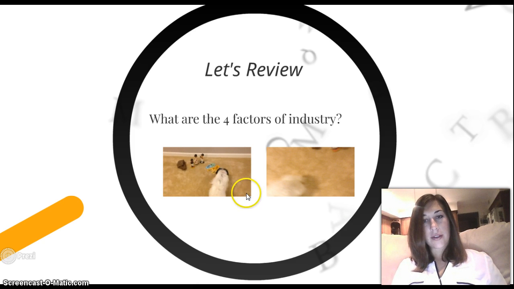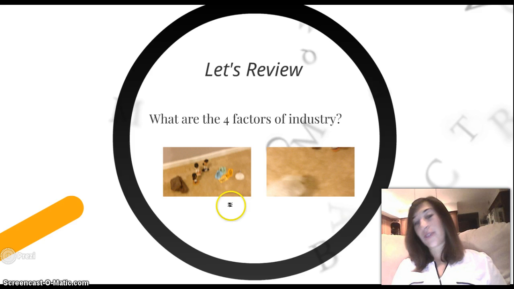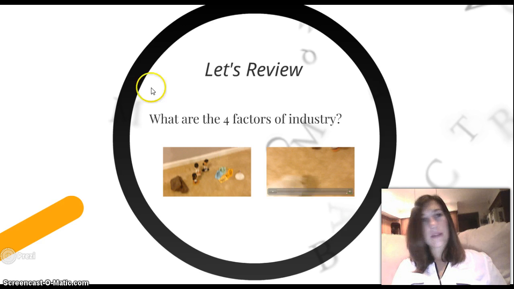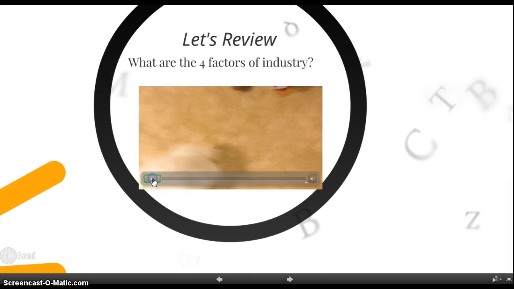In this video, you can see Bella rushing towards the 4 factors of industry. She decided to run away with some of the money, but you can see she has the 4 things that she needs to build a business right there in front of her. In this video, you'll see Bella interacting with her workers.